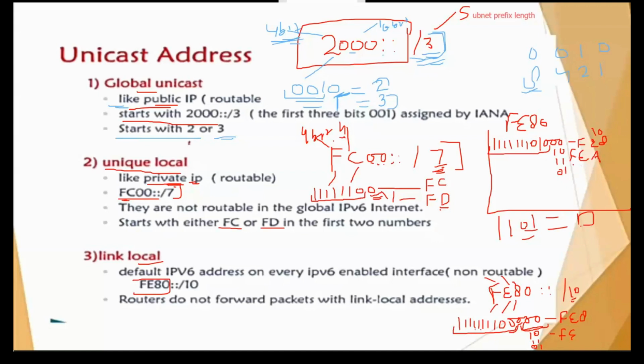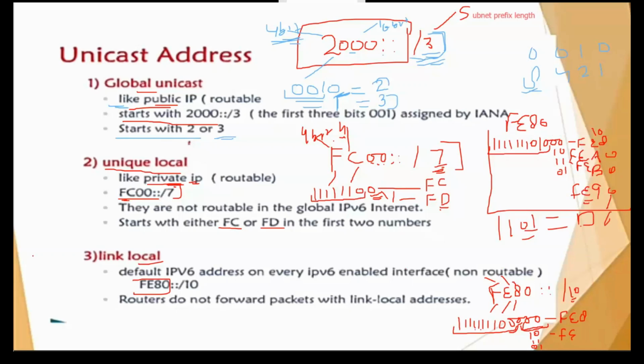The third combination will be FE B. Fine, B. And then that will be 0 1, that means 8 and 1, 9. So FE9. So those 4 combinations can be there: FE8, FE9, FEA, or FEB. And then after that, that 0 can be changed. Right? It can be any. Those 4 combinations can be there.